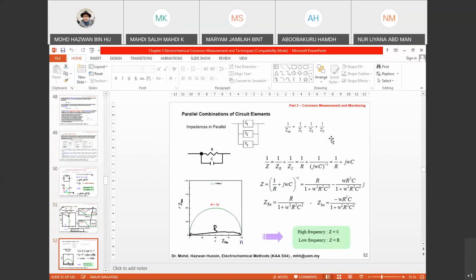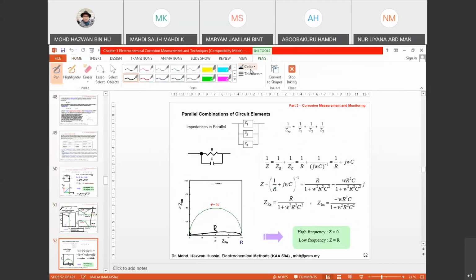Meanwhile, for a parallel combination, okay, the impedance will be equal to the fraction of other components. So this is basically what you have learned in probably high school physics. If you have a parallel design, one over R is equal to one over R1 plus one over R2, and so on.